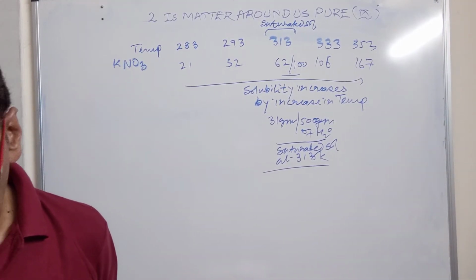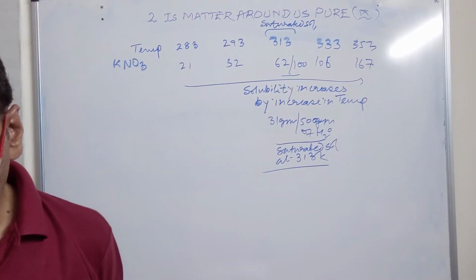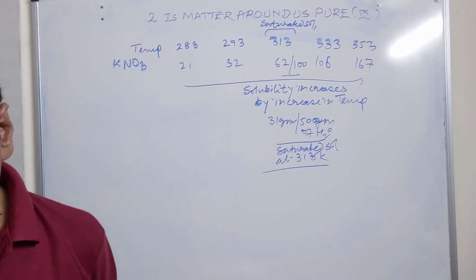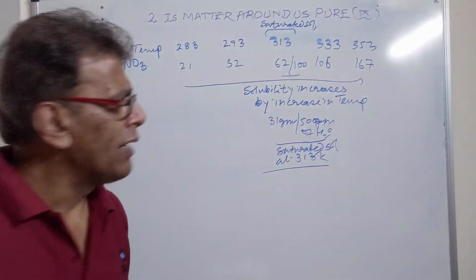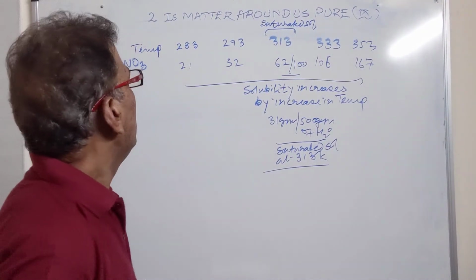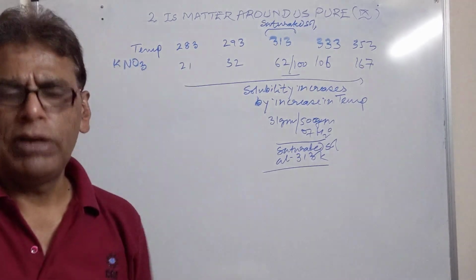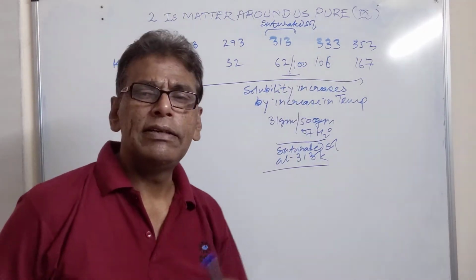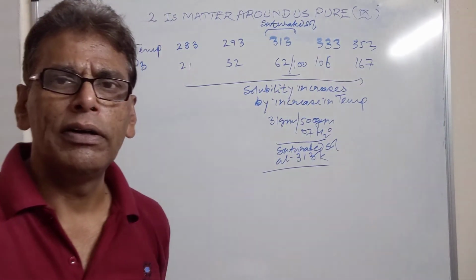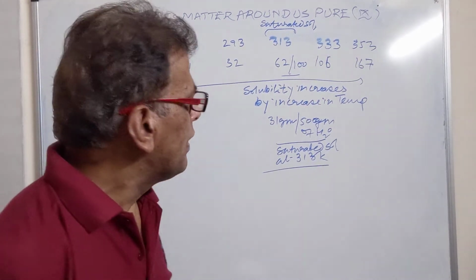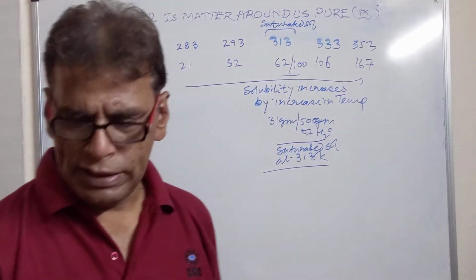So the solubility of potassium nitrate at 293 Kelvin is 32 gram per 100 gram of water, and at 283 Kelvin it is 21 gram per 100 gram of water. At 333 Kelvin it is 106 gram per 100 gram of water. So the solubility of potassium nitrate increases with the increase in temperature in this case.